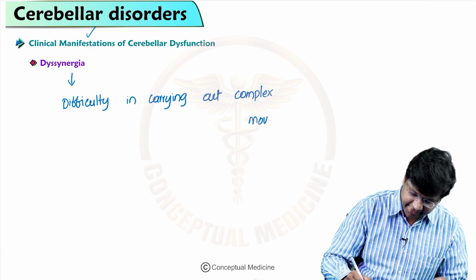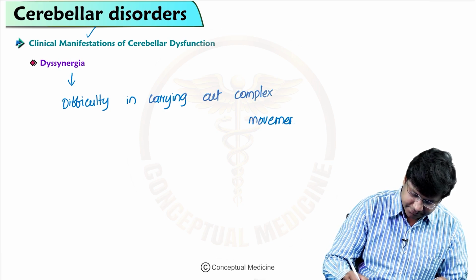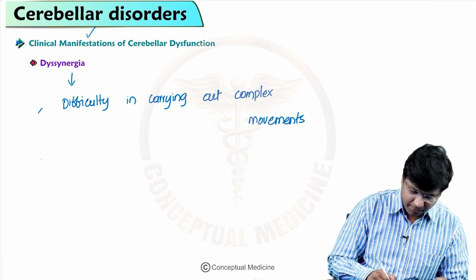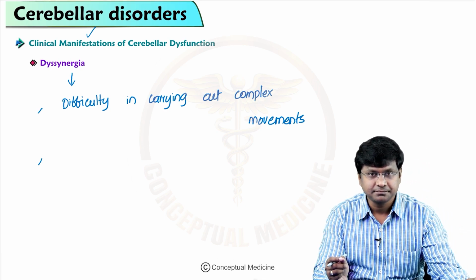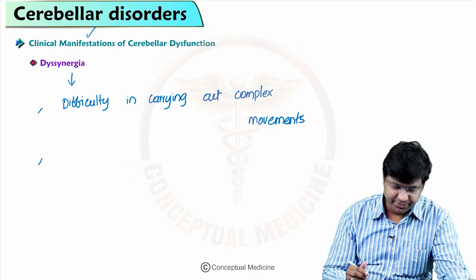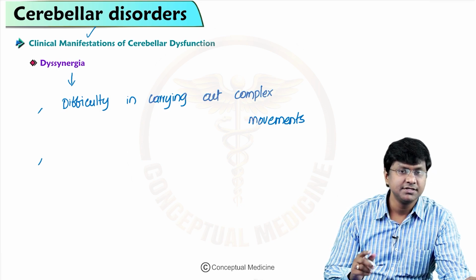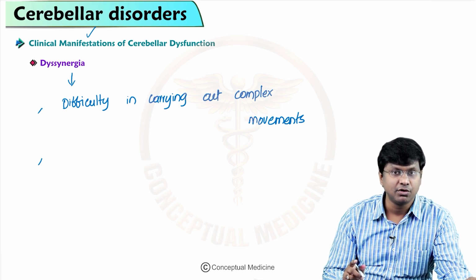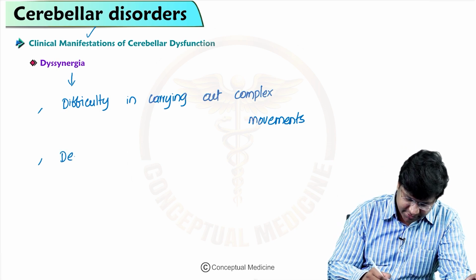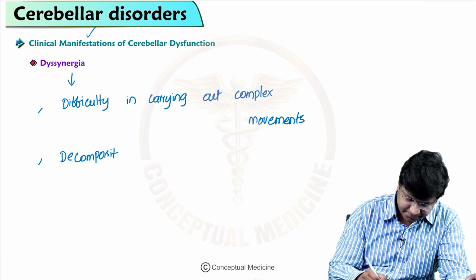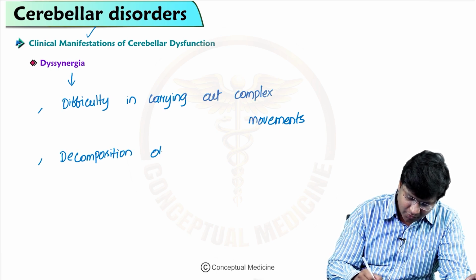Difficulty in carrying out complex movements is called dyssynergia. In patients with cerebellar dysfunction, there is decomposition of movement, right? So what is this decomposition of movement?